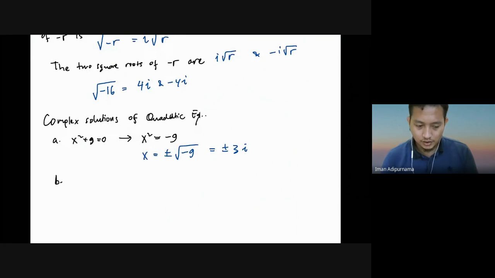Second example. So if you look here, what will happen now? You can do the complex solutions, or try to factorize. If you cannot, maybe try to complete the standard form.